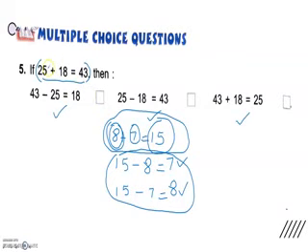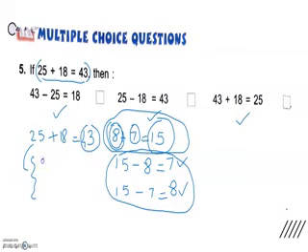Similarly, we can say from here that if 25 plus 18 equals 43, we can also write it in terms of two subtraction facts. That is 43 minus the first number 25 is equal to the second number 18.